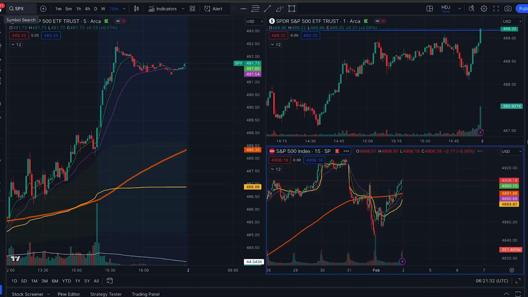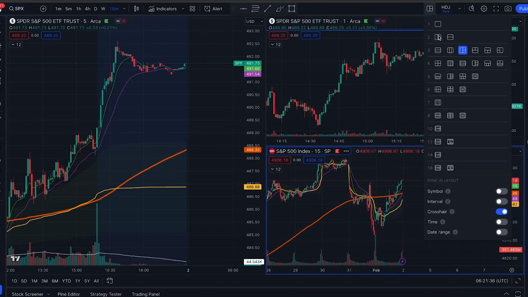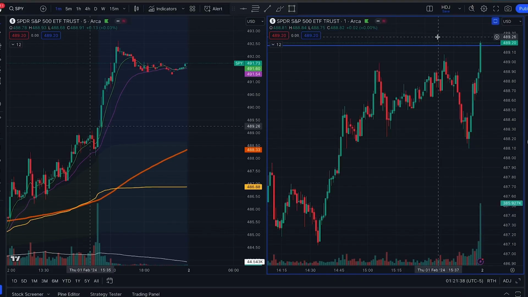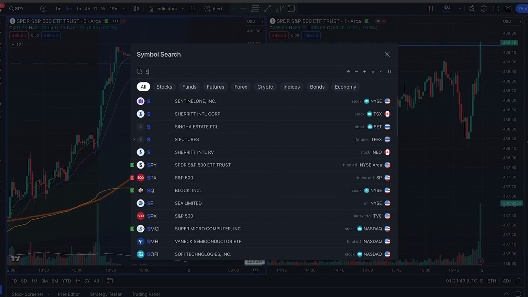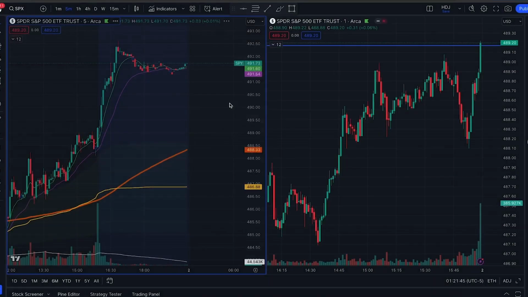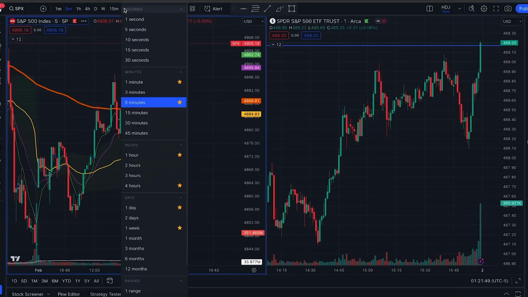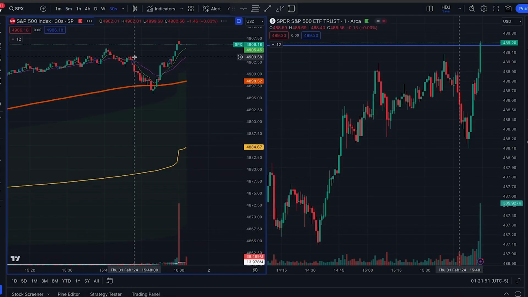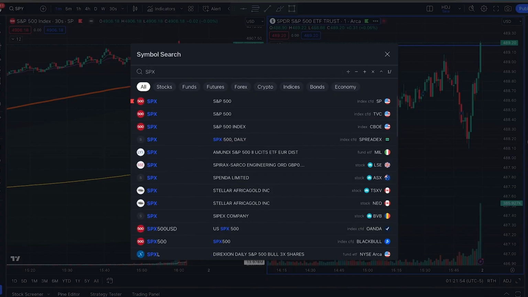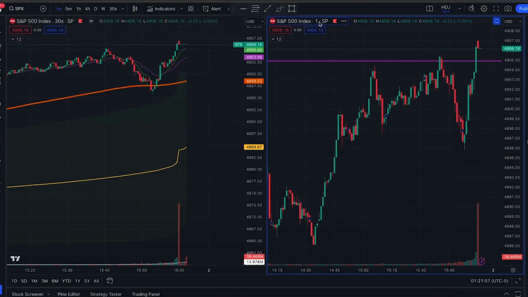I'm going to go with a half and half split screen. So I'll have SPX with a 30-second chart, and I'll put SPX over here, and I'll have a 1 minute.